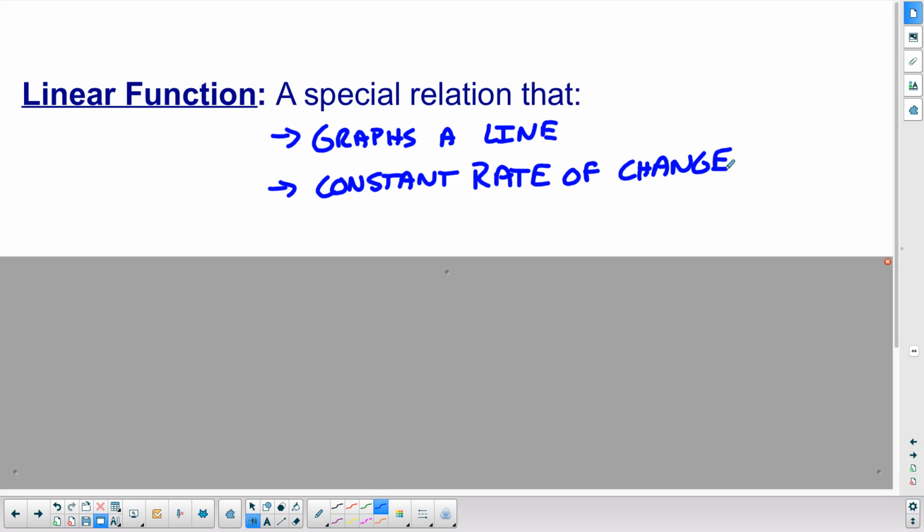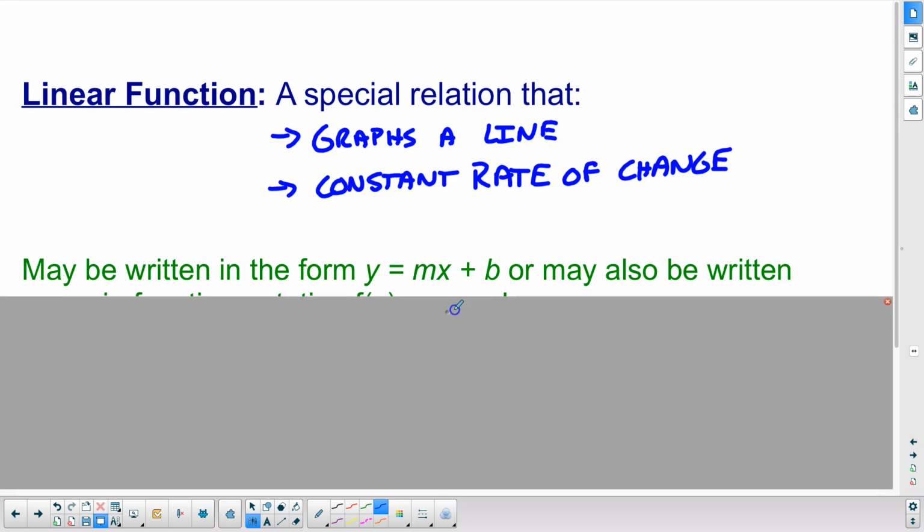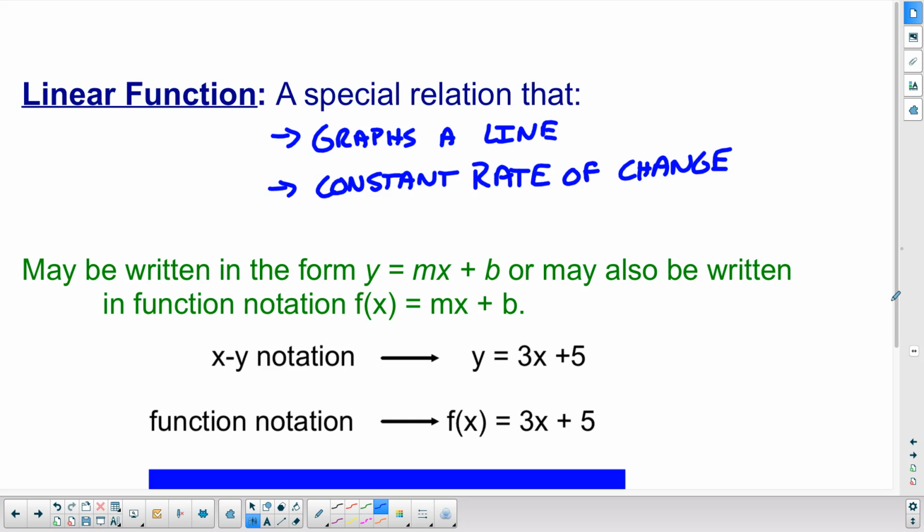Okay? So we can make that change. A linear function normally looks like y equals mx plus b, but we can write that in what's called function notation. If I take y equals mx plus b and write it in function notation, I replace y with f of x.